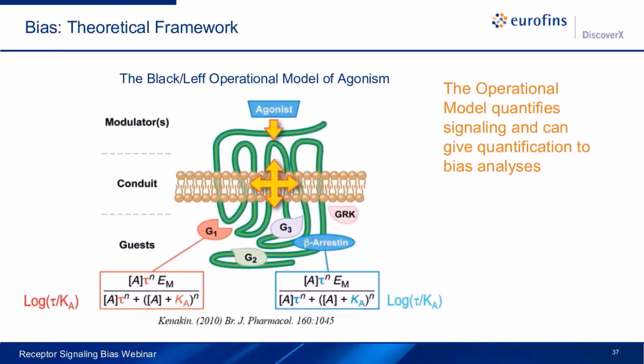A good scale to use comes to us from the operational model, which quantifies efficacy and affinity. And we just simply do that for each signal. So I can quantify this number, which is the ratio of efficacy divided by affinity for G protein and then beta-arrestin, and use these numbers to compare.